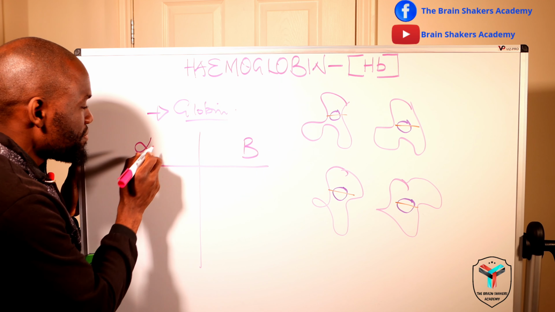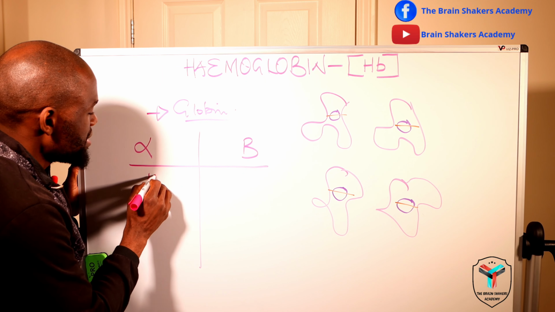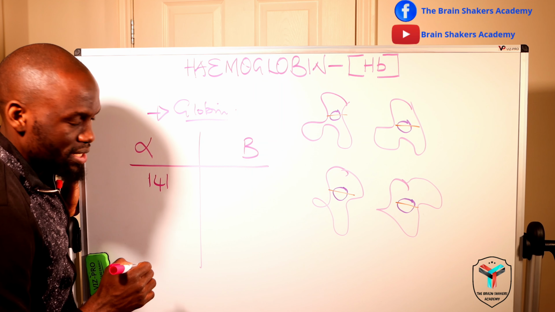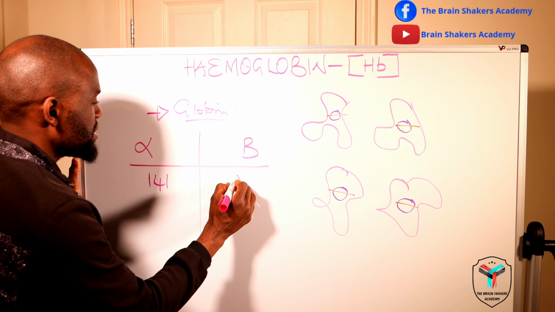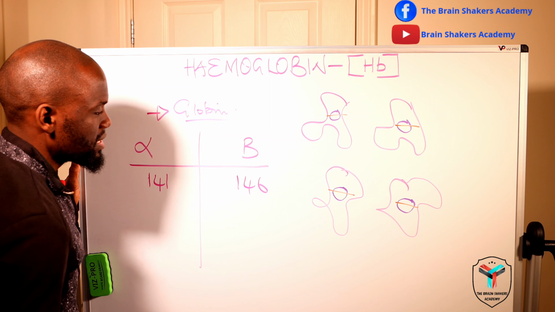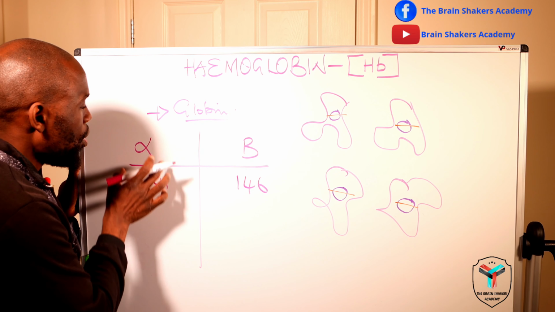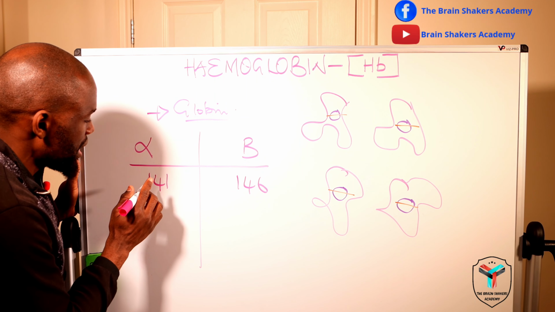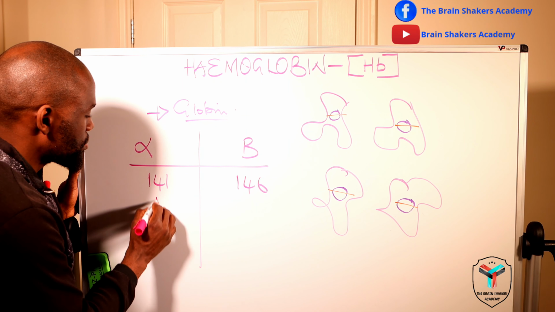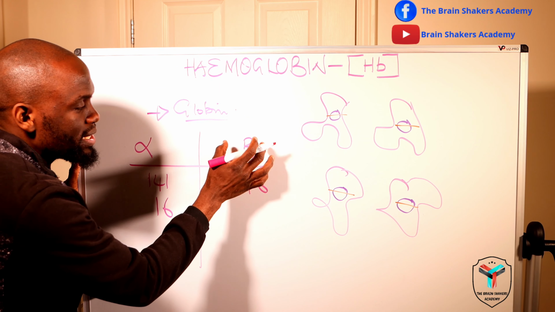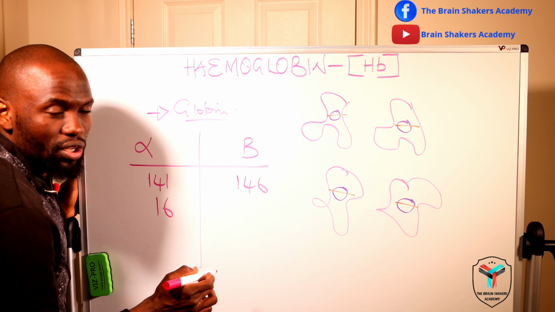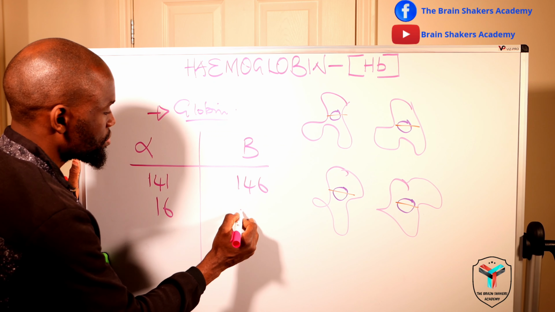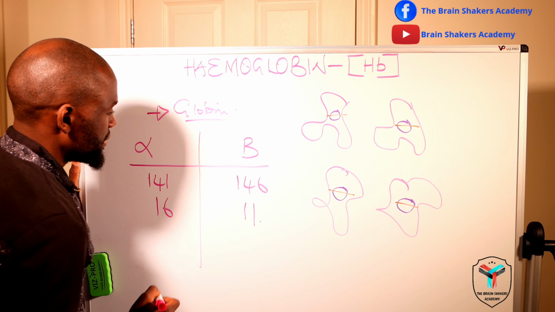The alpha chains contain about 141 amino acids, and the beta chains contain about 146 amino acids. All the genes of the alpha globin chain will be expressed on chromosome number 16, whilst those of the beta globin chain will be expressed on chromosome number 11.